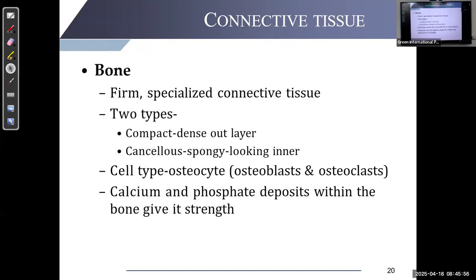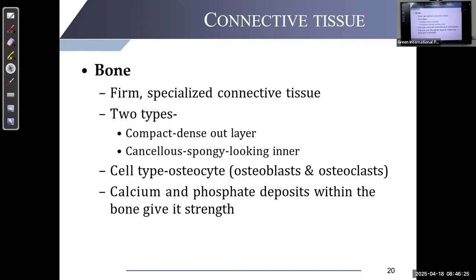Bone. What is it? Bone is very solid, very firm. It is a specialized connective tissue, and there are two types. What are they? Compact and cancellous, which is a little bit spongy. Again, osteocyte, osteoblast, osteoclast. Whenever these osteo terms come, you should keep in mind they are related to bones.